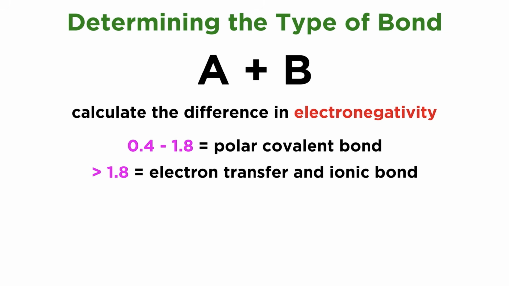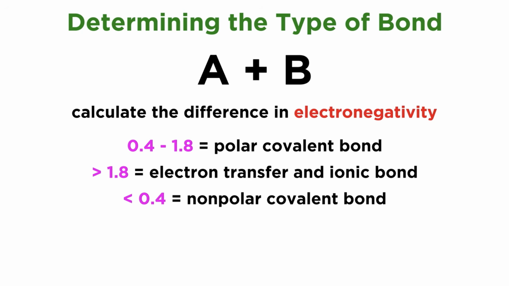If the electronegativity difference is larger than 1.8, the electrons will no longer be shared. One atom will steal electrons from the other, resulting in ions that make ionic bonds. If the difference is less than 0.4, we say that the bond is essentially nonpolar, or pure covalent, where the electrons are shared roughly evenly between the atoms.